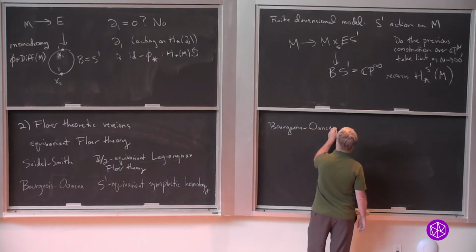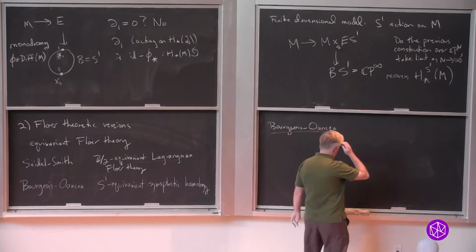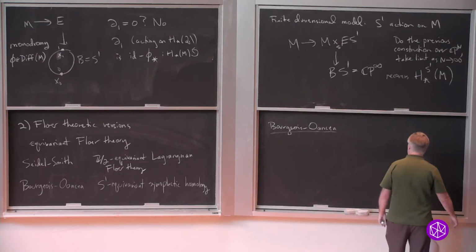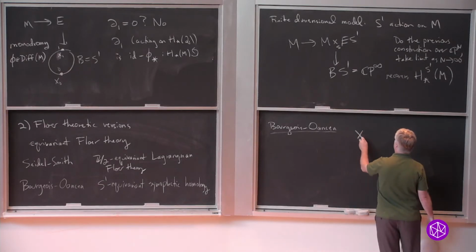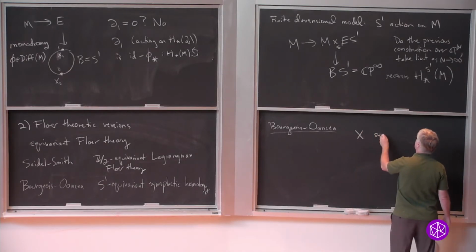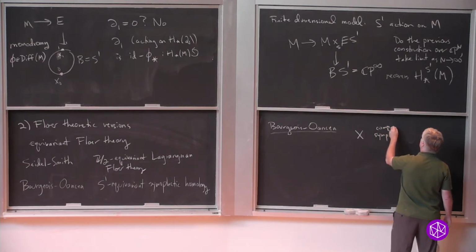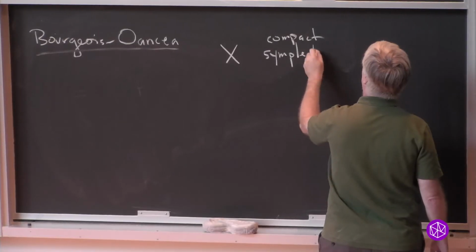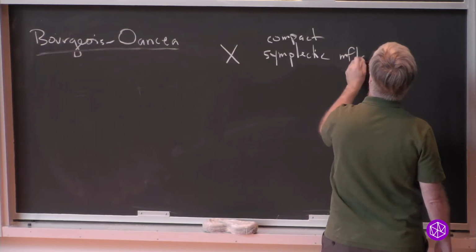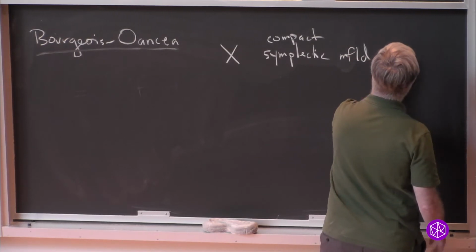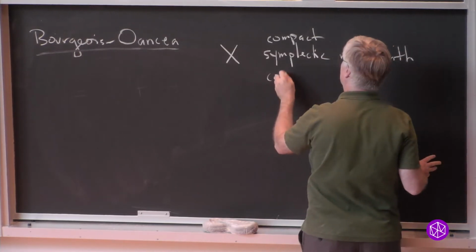What Bourgeois and Oancea did is we look at X, a compact symplectic manifold with contact type boundary.